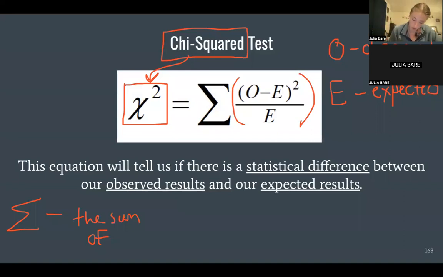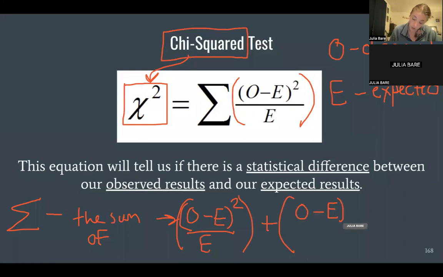So what you're going to do when you take the sum of something is you're going to take multiple repetitions of this equation for each scenario that you are interested in.